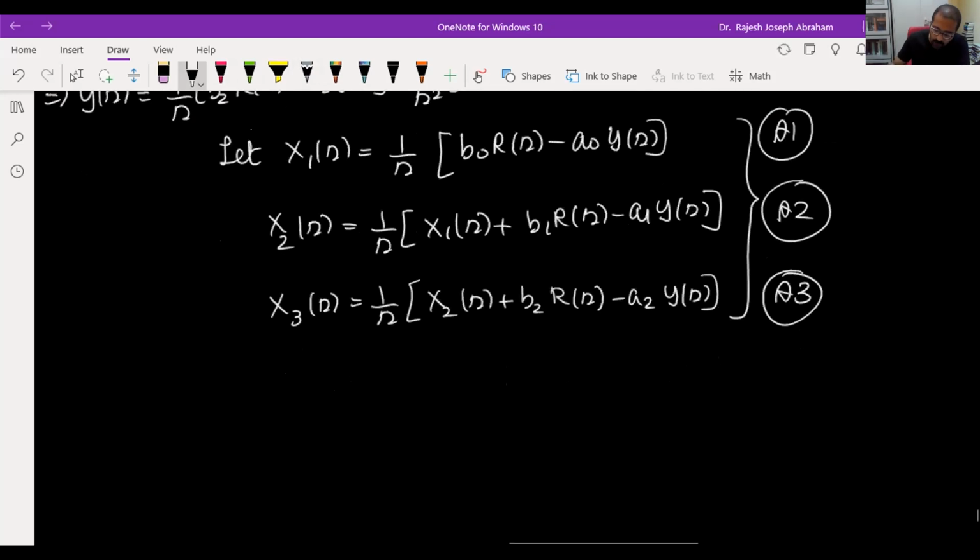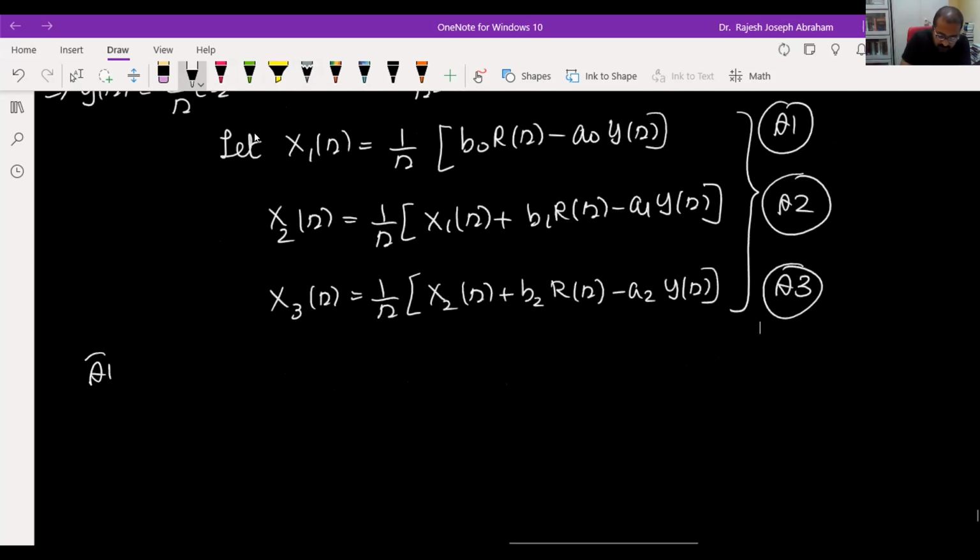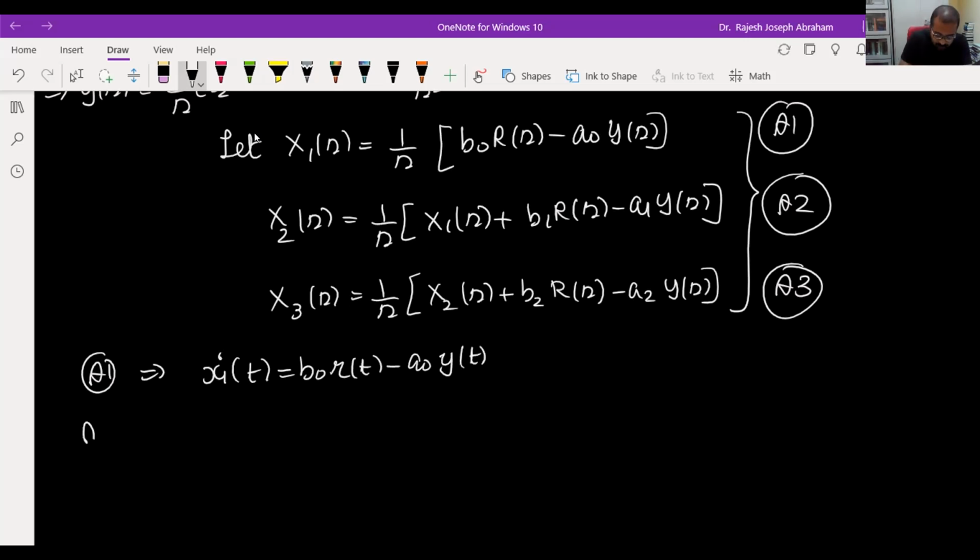Now from A1, what will you get? s into x1 of s, that means x1 dot in time domain. So x1 dot of t equals b naught r of t minus a naught y of t. From A2, in time domain it becomes x2 dot of t equals x1 of t plus b1 r of t minus a1 y of t.